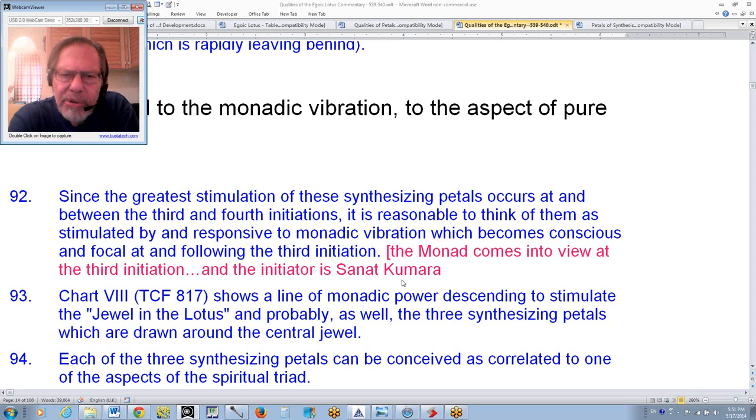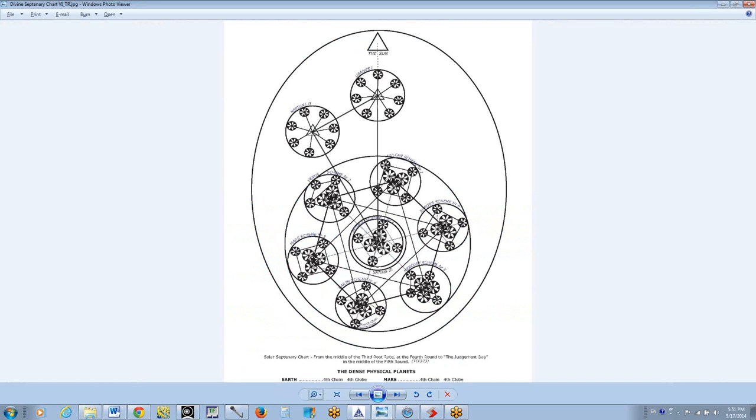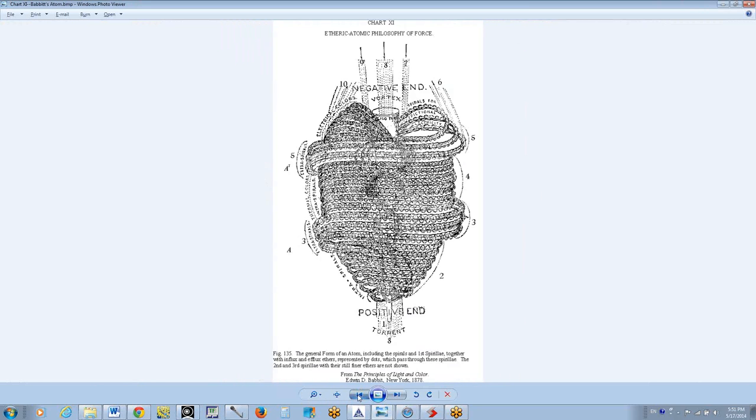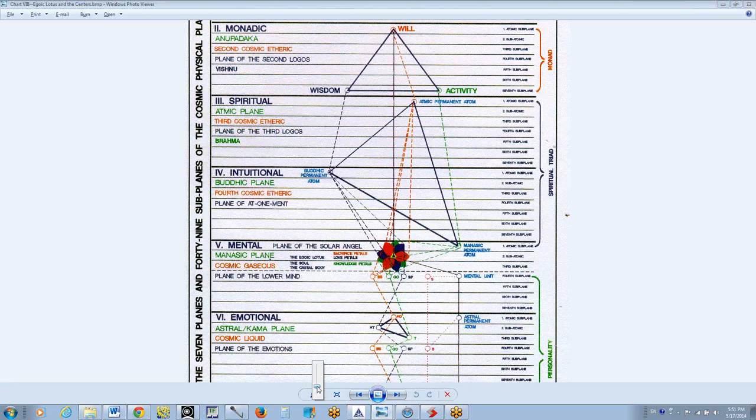So chart 8 we've been looking at shows the line of monadic power descending straight to stimulate the jewel in the lotus, and probably as well, while doing so, the three synthesizing petals which are drawn around the central jewel. Get it? And if we can make it just a little bigger.